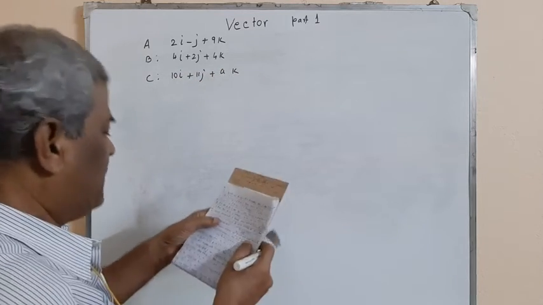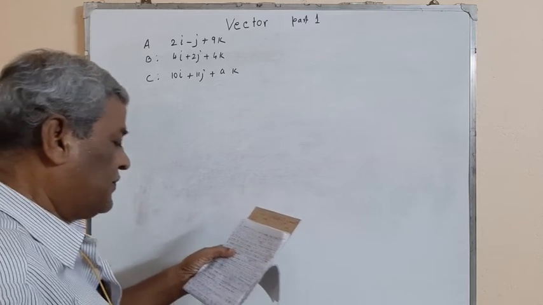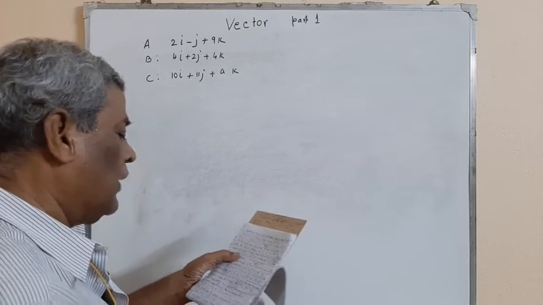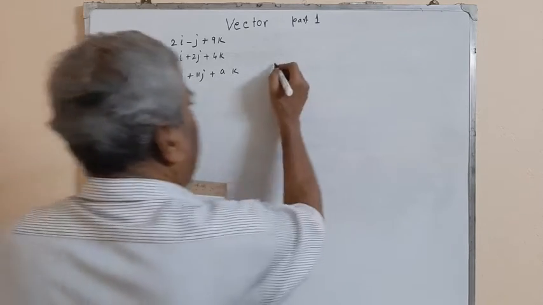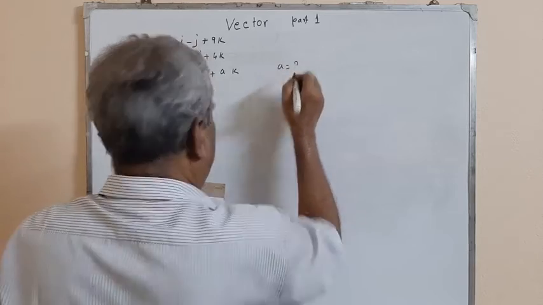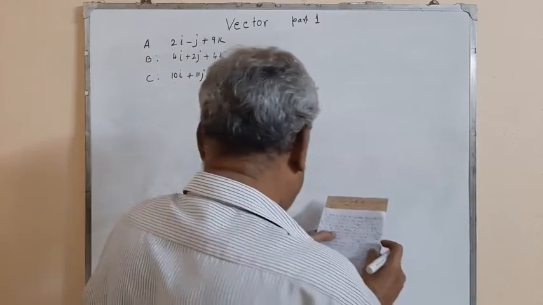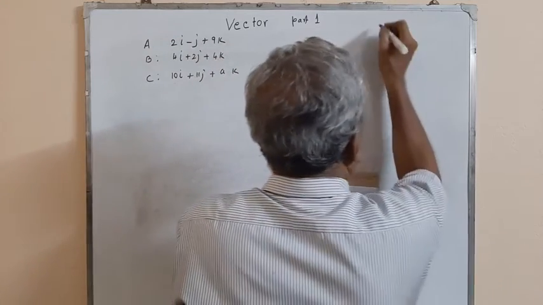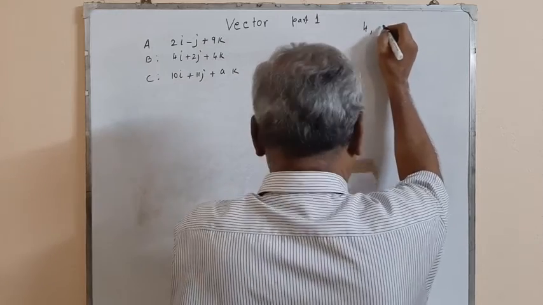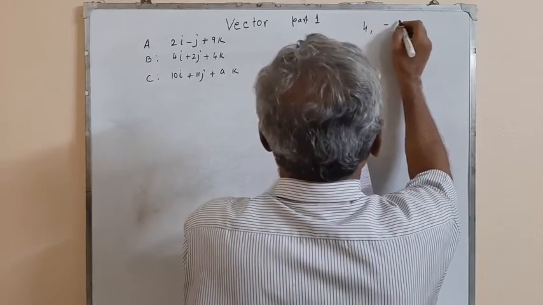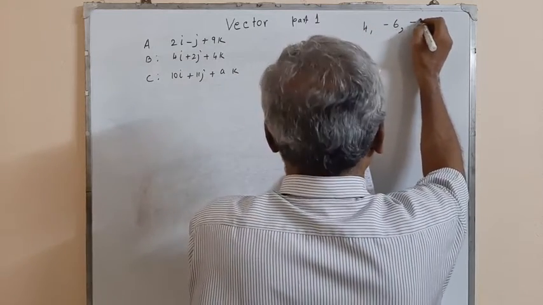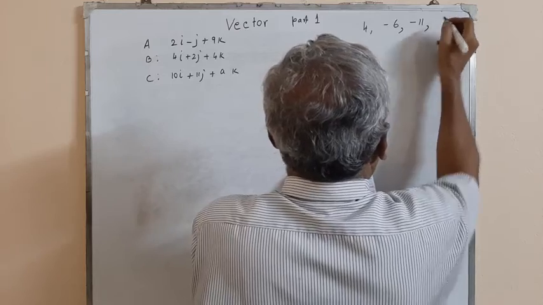So position vectors of 3 points are given. If A, B, C are collinear, then a is equal to what? Options are 4, minus 6, minus 11 and 10.